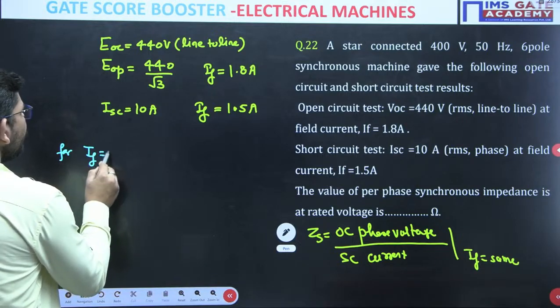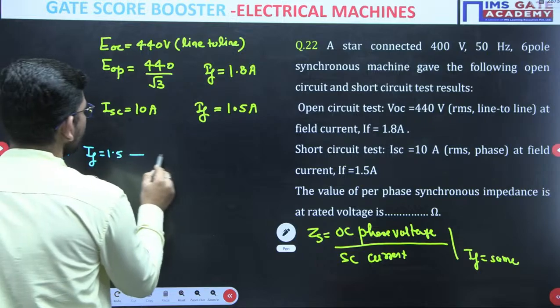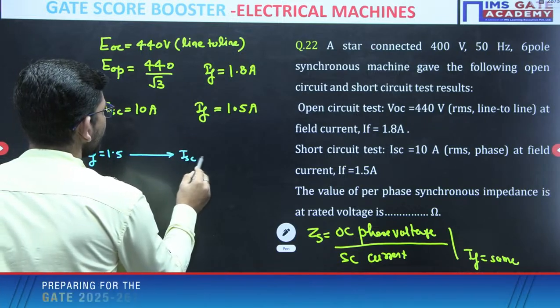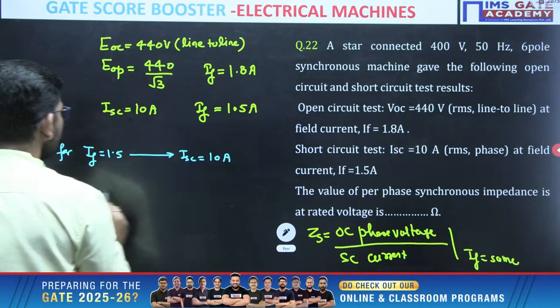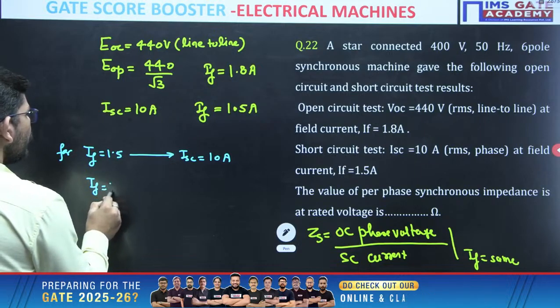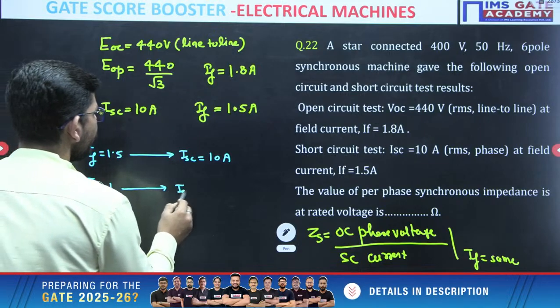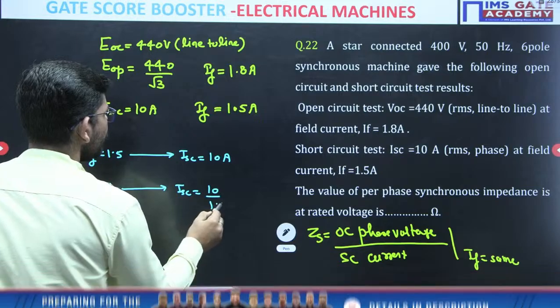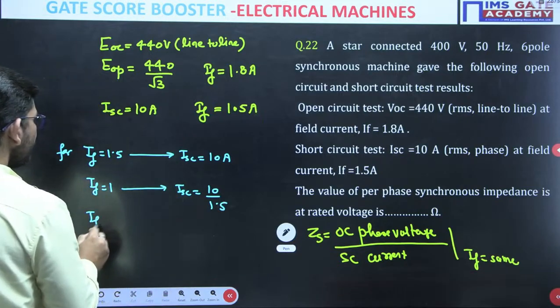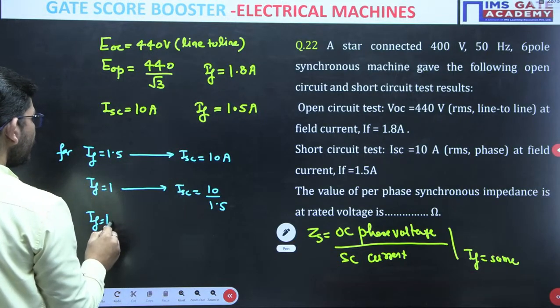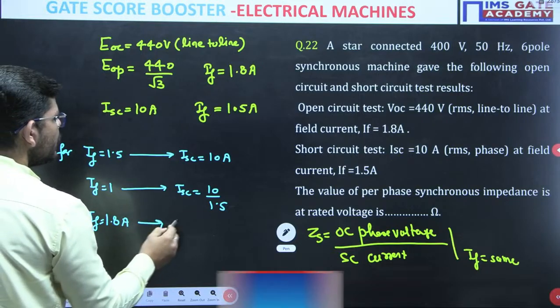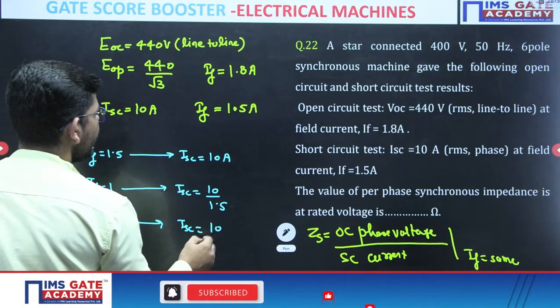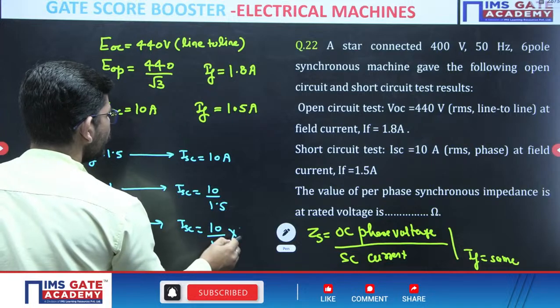Okay. So what we will do, just see, for field current IF equals 1.5, what is Isc? Equals 10 ampere. For IF equals 1 ampere, it will be 10 by 1.5. Similarly, for IF equals 1.8 ampere, this will be 10 upon 1.5 into 1.8.